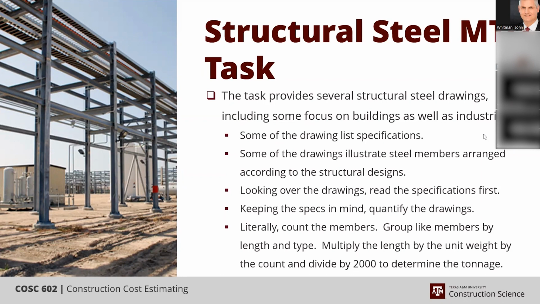Normally, when the drawings do that, you have to go back to your specifications or your standard details, and it will say that anytime that you see W8, it means W8 by 15 or W10 by 21 or something like that. It'll tell you what the standard is. So now every time you see it, you just know right off the bat it's a W8, whatever it's supposed to be. And then if it's unique, then they'll put the full description on there each time.